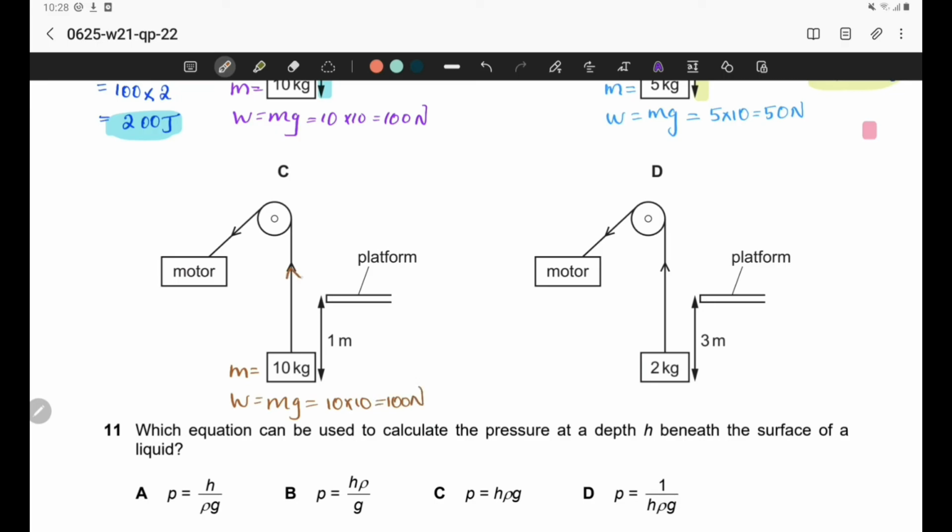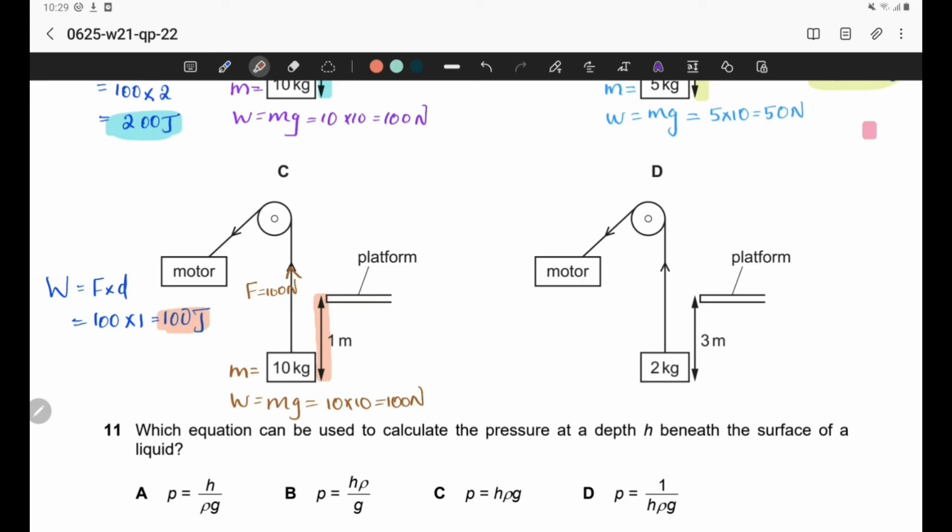So there must be an upward force of 100 Newton, and the distance given here is 1 meter. Now the work done by motor C is force times distance, where force is 100 Newton times distance is only 1 meter. So the work done by motor C is only 100 joule.